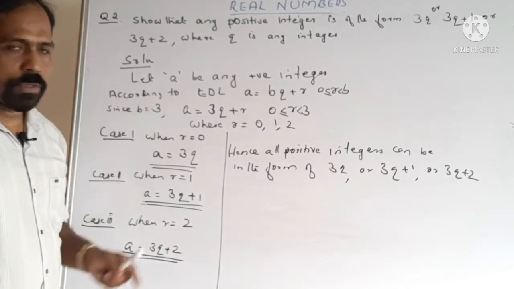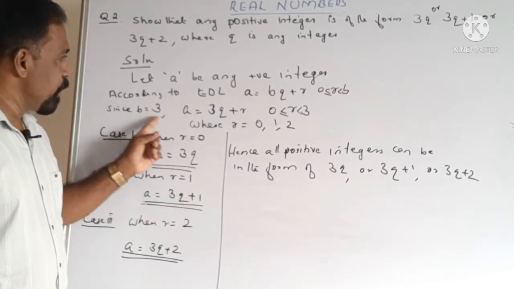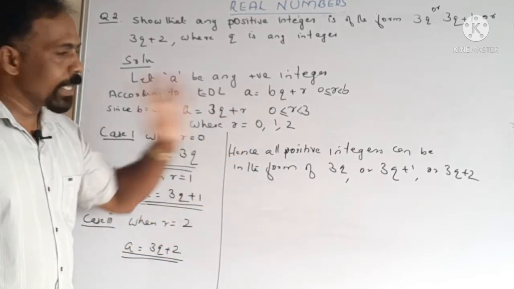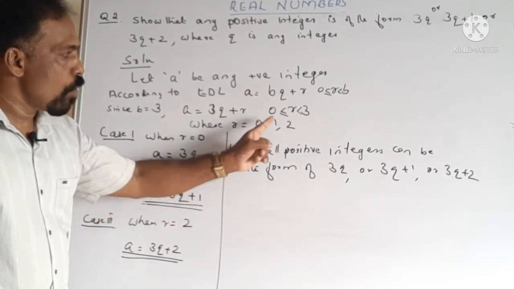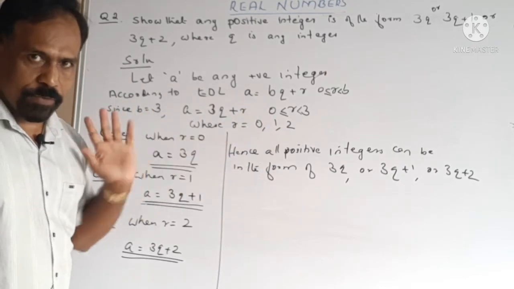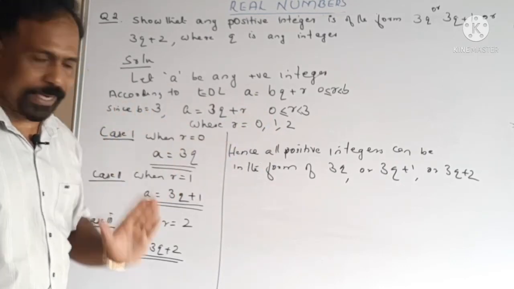Now b is equal to 3, so a is equal to 3q plus r. r can take the values of 0, 1 and 2. It cannot take the value of 3.